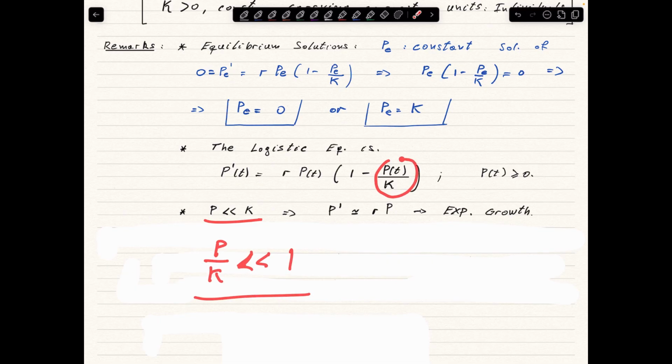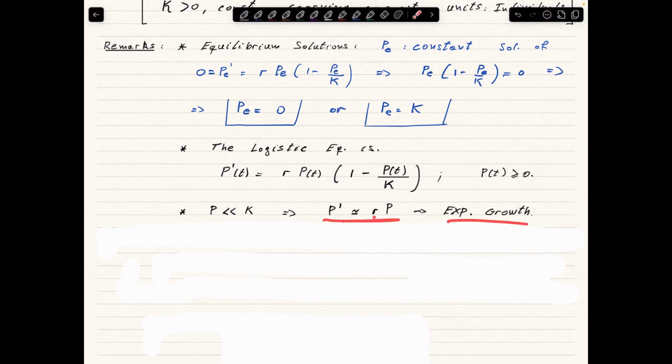So this number is much smaller than 1, and when we subtract 1 minus that, the result is very similar to 1. So essentially the whole factor, under this condition, is 1. So the equation looks like the exponential growth equation. When the population is much smaller than this constant, the population grows like a normal exponential growth equation.